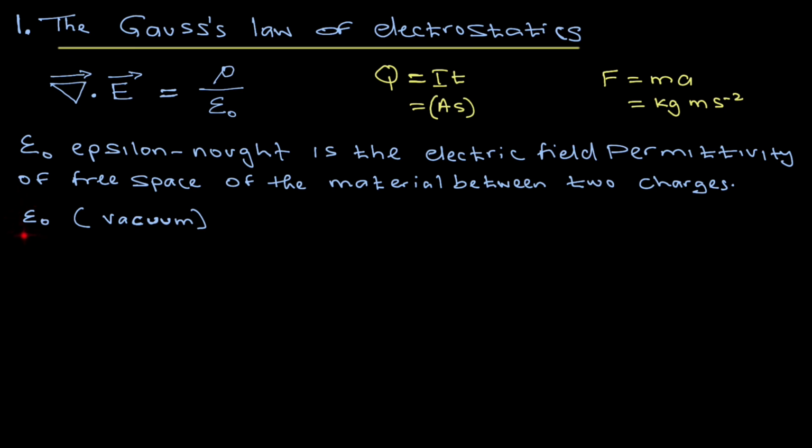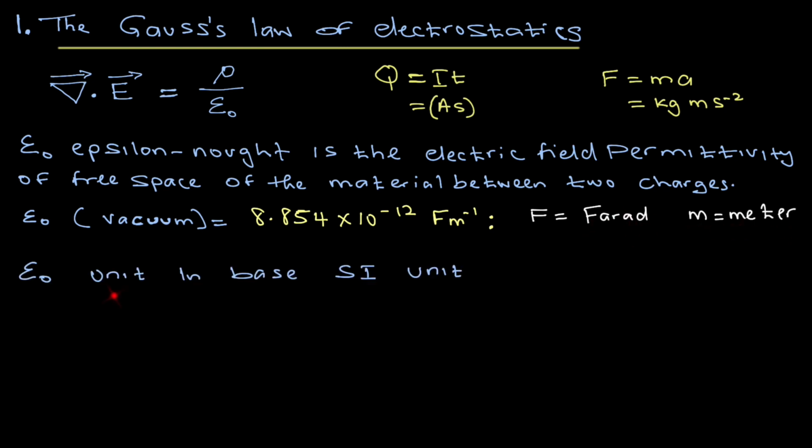In vacuum, it has a value of 8.854 times 10 to the power minus 12 farad per meter. F stands for farad, which comes from Faraday's name, and M for meter. Unit in base SI unit.